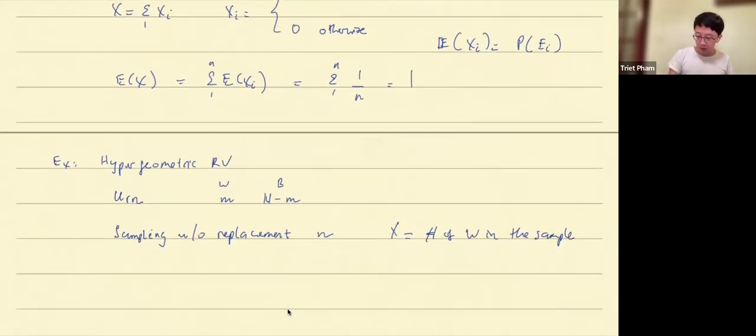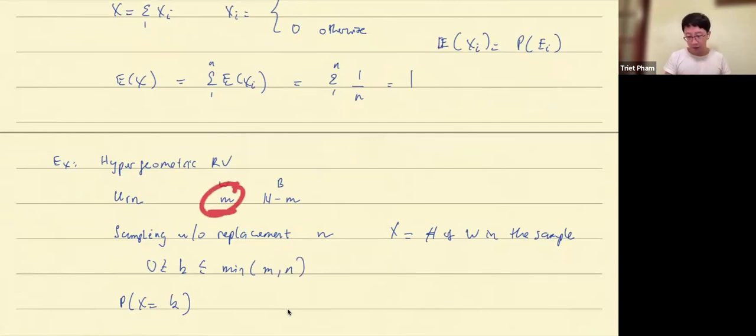So to remind you, the probability that X equals k, where k here is between 0 and the minimum of m and n, because clearly you cannot have more white balls than whatever there is in the urn. You also cannot have more white balls than whatever you sample out of the urn.